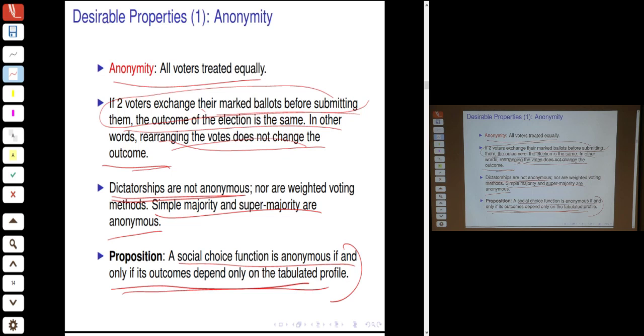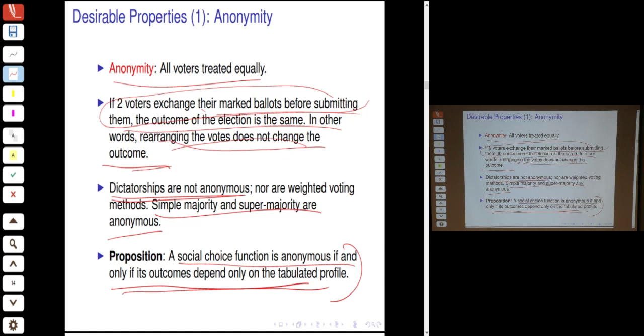So from the sequence of votes cast by every voter, you have summary information, which is the list of candidates and the total number of votes obtained by each candidate. Okay, so that's the tabulated profile.